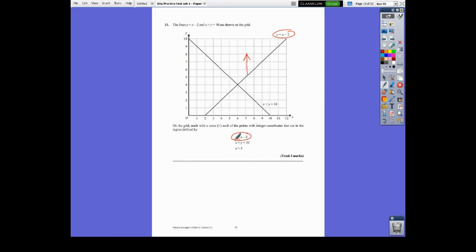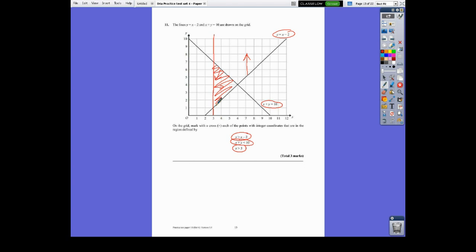For the next one, we want it where x plus y is less than 10. So all the points below this line will have values where the x coordinate and the y coordinate add to less than 10. It then says where x is greater than 3. So if we draw our line in for x is 3, then x has to be greater than 3. So the region that satisfies all of these is in here.